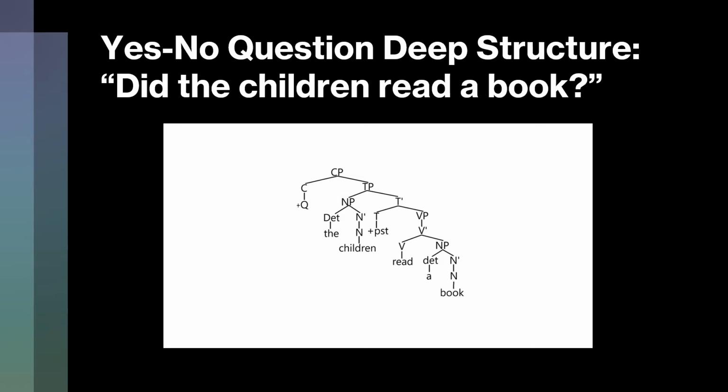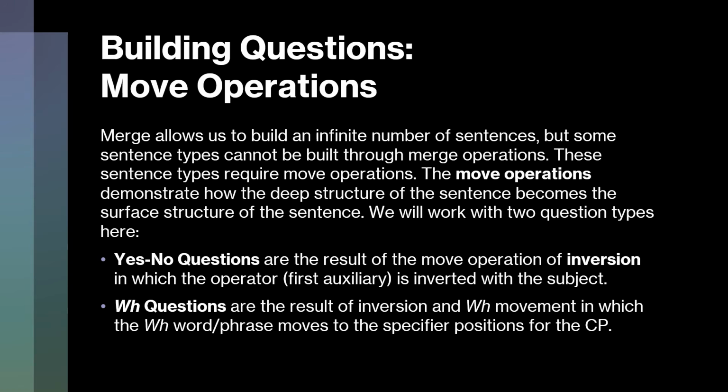So how do we get to that surface structure? How do we get from the declarative, the children read a book, to did the children read a book? To build questions in English, we need to use move operations. Merge allows us to build an infinite number of sentences, but some of these sentence types cannot be built through merge operations. In other words, we can't just combine phrases to get to some sentence types.